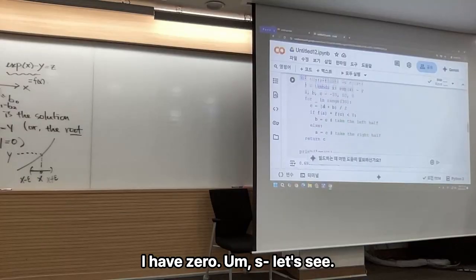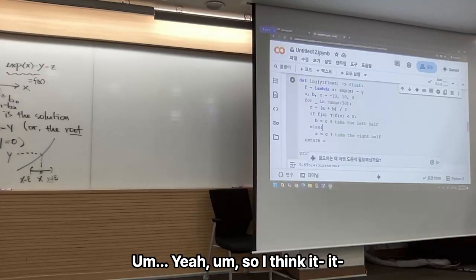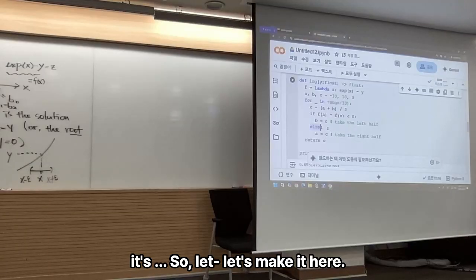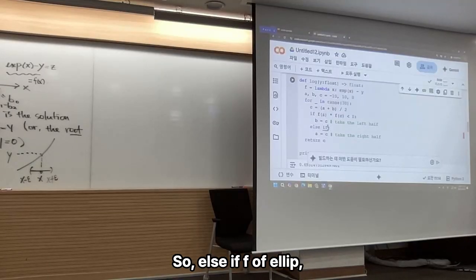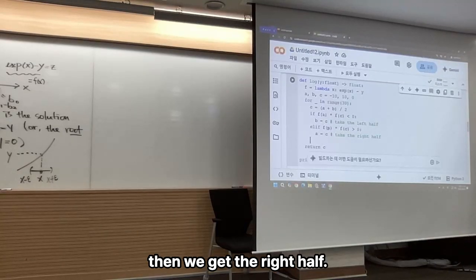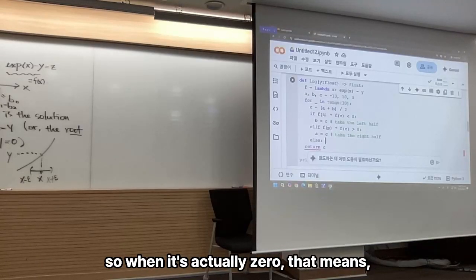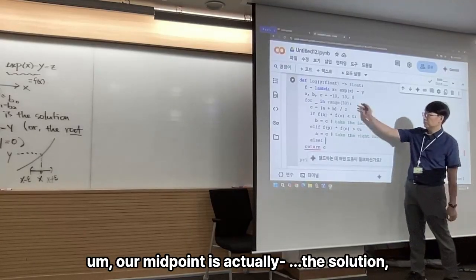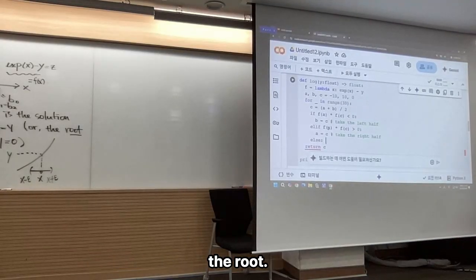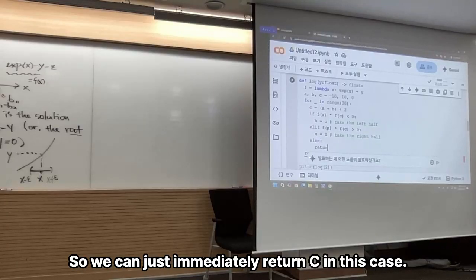Let's see. Yeah, so let's make it here. So elif f of a, f of c is positive, then we get the right half. And else, which almost never happens, but it happened this time. When it's actually 0, that means our midpoint is actually the solution, the root. So we can just immediately return c in this case.